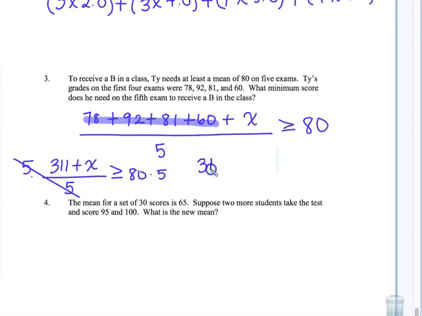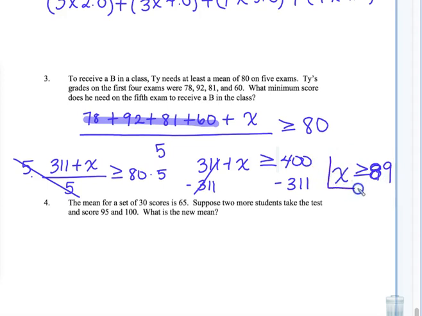So I have 311 plus X, which would be greater than or equal to 400. Subtract the 311. And so when I do that, 400 minus 311, that tells me that that grade has to be greater than or equal to an 89. I have to make at least an 89 on that 5th exam if I want to have an average of 80 for the class.